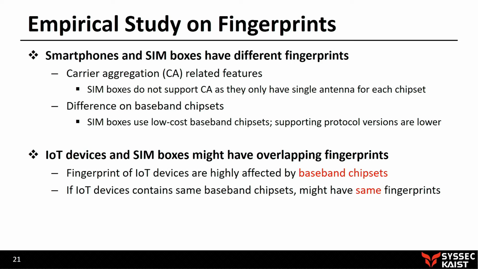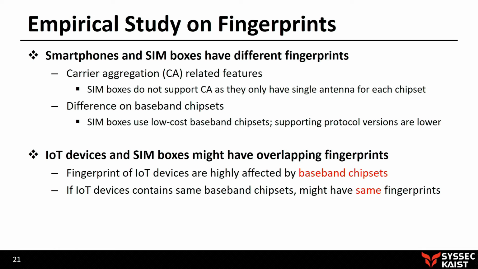Lastly, we could find that smartphones and SIM boxes actually have different fingerprints due to two major differences. The first difference is that carrier aggregation-related features only appear on the smartphones. This is because of the hardware limitation on SIM boxes, because SIM boxes only have a single antenna for each baseband chipset. They cannot support CA while smartphones can.